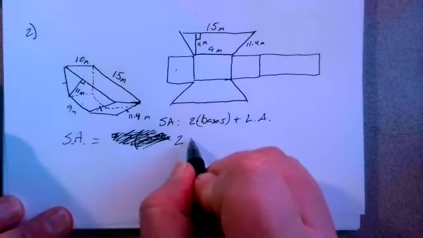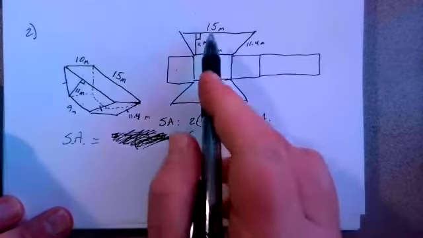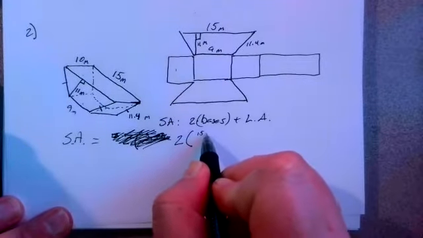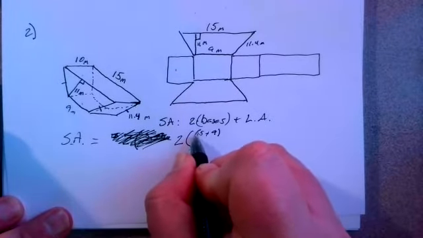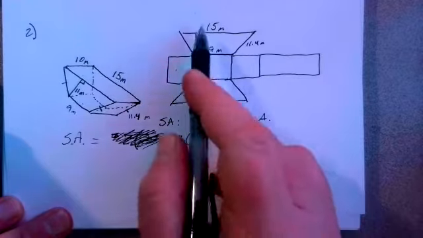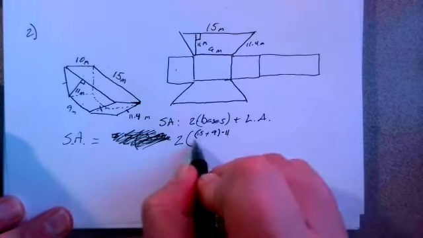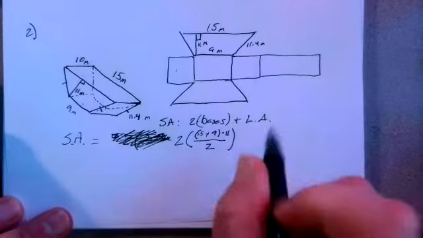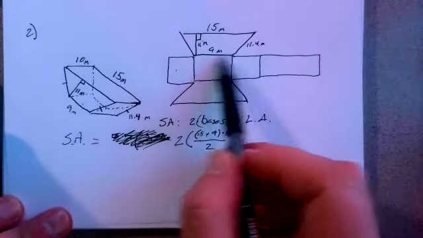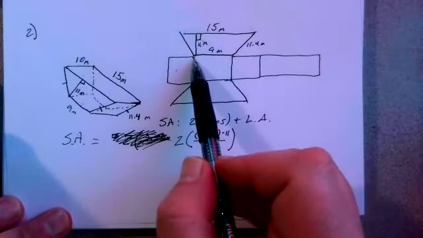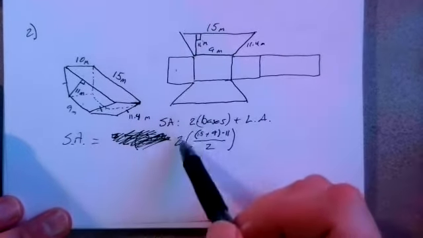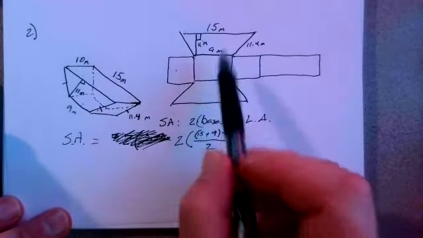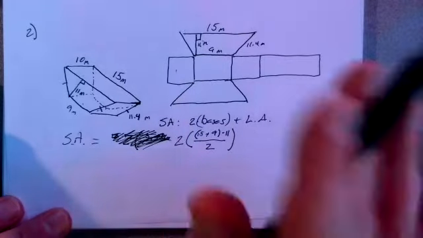We have 2 times, now base 1 we have 15 plus base 2 we have 9 times the altitude here is 11. All of that divided by 2, right? So base 1 plus base 2 times the altitude divided by 2 is the area. And then we're going to multiply it by 2 because we need 2 of these. Okay, we good on that?